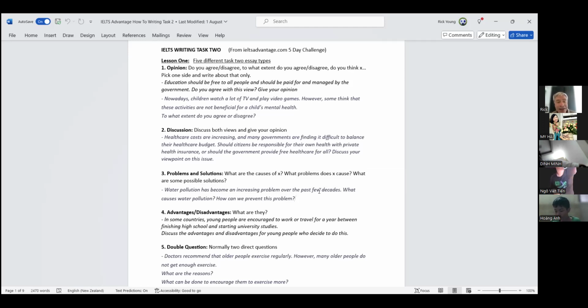First paragraph is an introduction. The last paragraph, the 4th paragraph, is a conclusion, always. So in a problems and solutions essay, that means your second paragraph will be about what causes water pollution. Your third paragraph will be the solution.